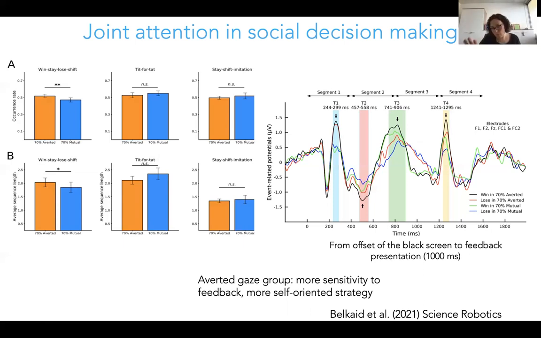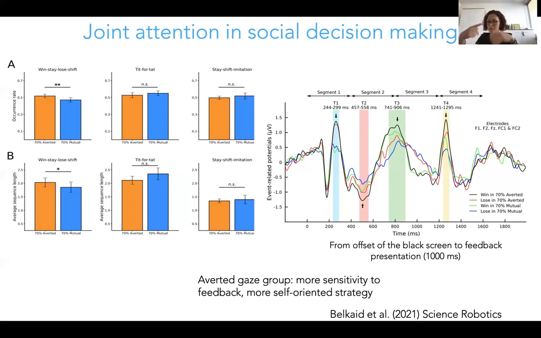And the take home, this is a very complex ERP pattern. So I'll just tell you as a take home message that what we observed is that, first, what affects the neural activity is the gaze. So the difference here is between mutual or averted gaze. Then, as the story evolves, you see a mix of effects of gaze and whether you're winning or losing.